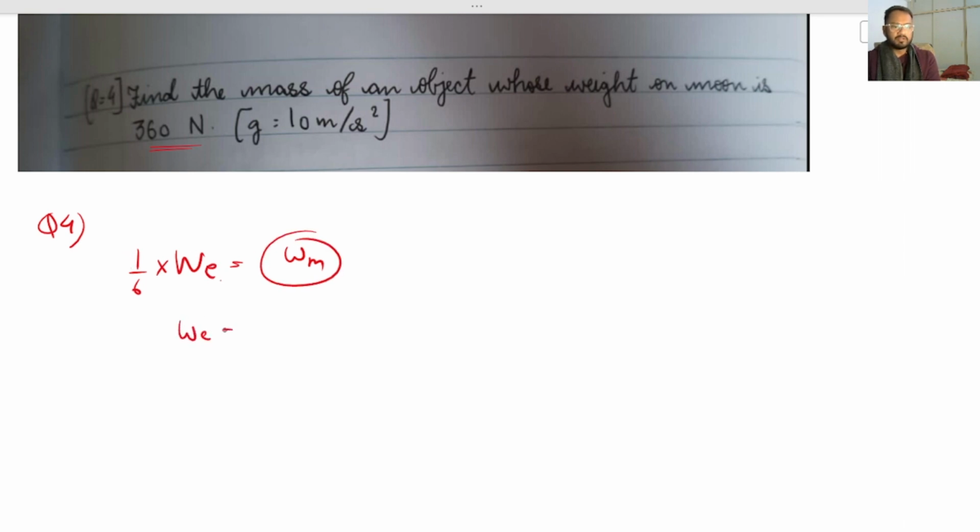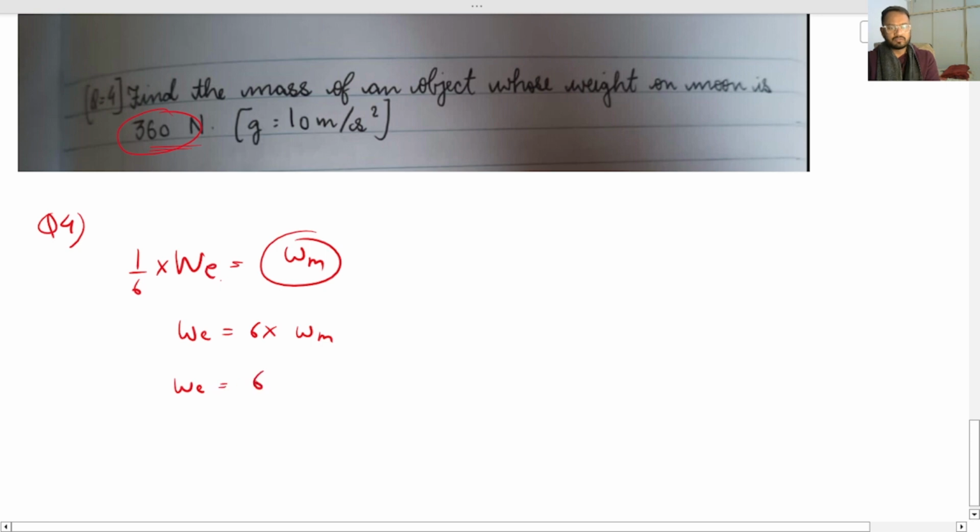So weight on the earth is equal to 6 times the weight on the moon. The weight on the moon is 360 Newton, so you can write weight on the earth is equal to 6 into 360.